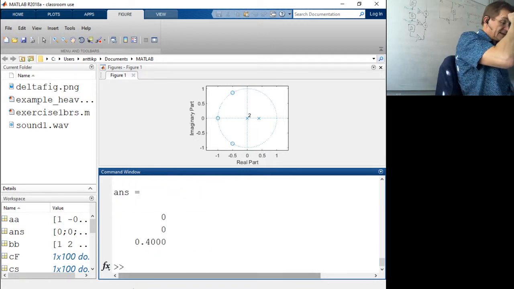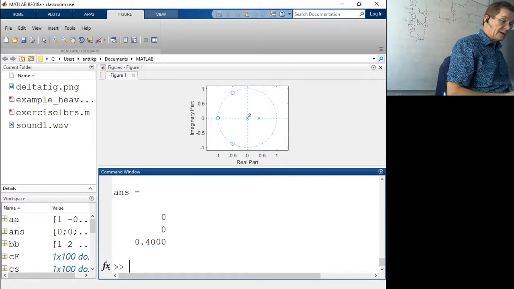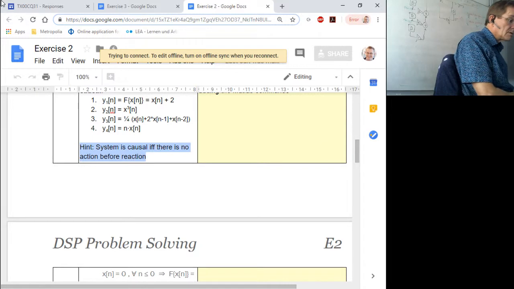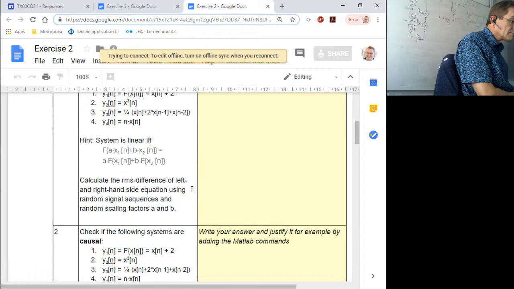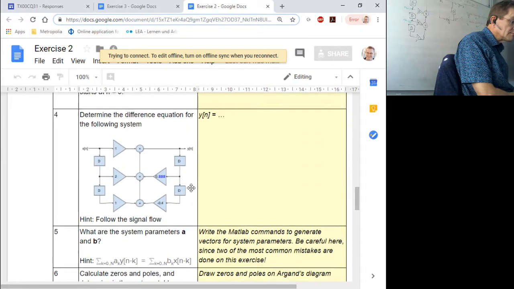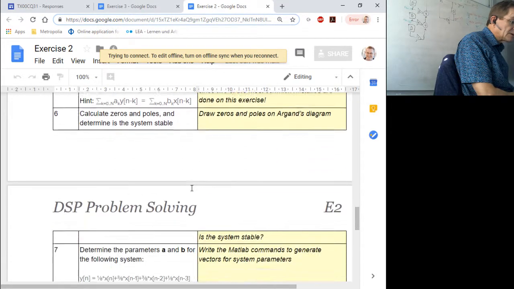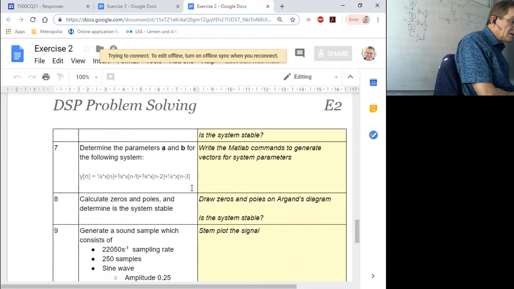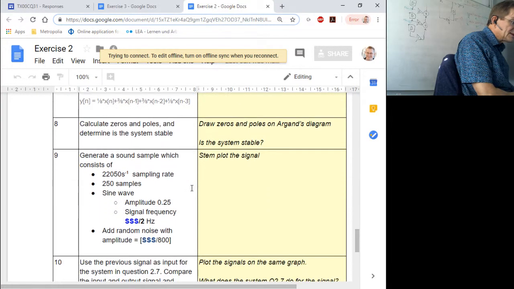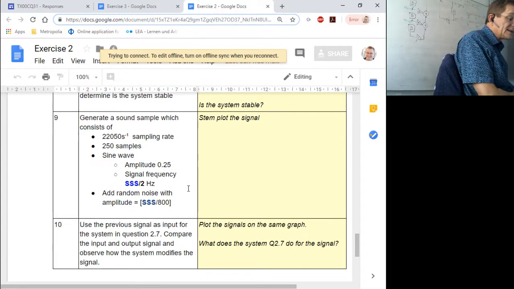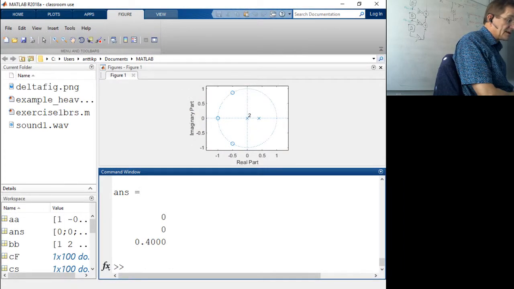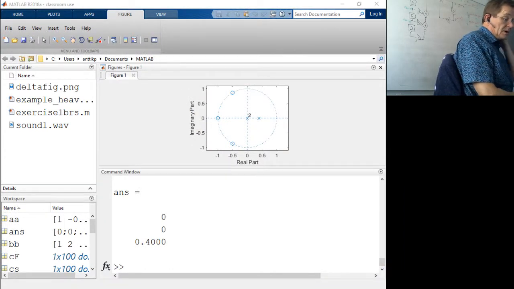Next step, let me take a quick look at what I'm asking here. System coefficient, zeros and poles, stability. Again, zeros and poles, the same. And okay, using this actually on the system coefficients to basically run some data through it.